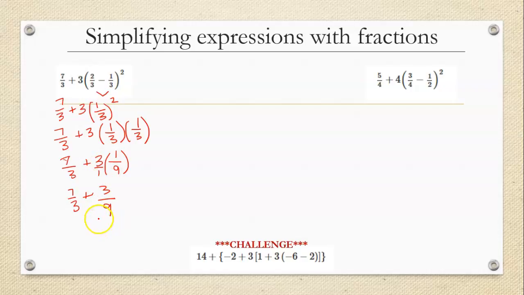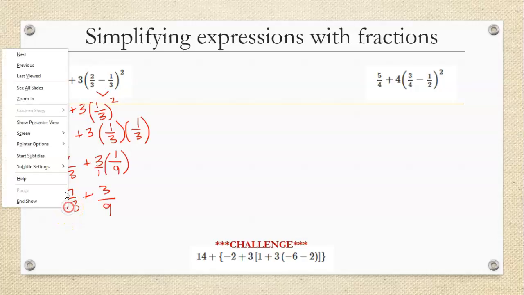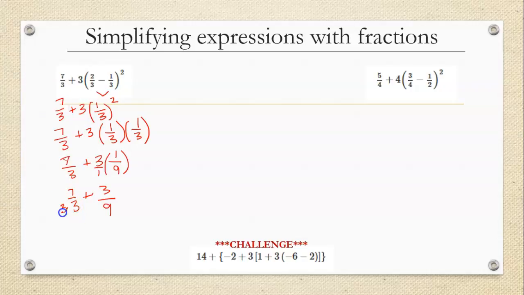Okay, now let's add. With adding and subtracting, remember we have to have common denominators. So I need to make these numbers match. Before I said that an easy way to do it is just to multiply each fraction by the other denominator. But you don't always have to do that. Look, if we take this and multiply it by 3, doesn't that give us the 9 that we're looking for?